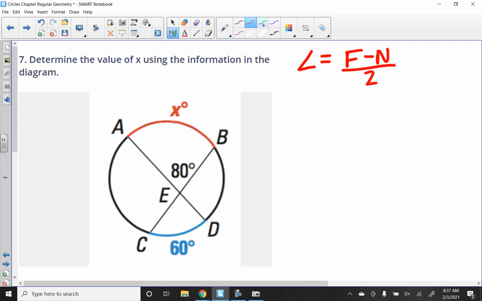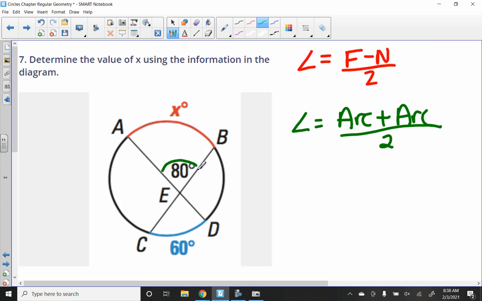Now, if it's an interior intersection like this question, our interior angle is arc plus arc. So we're just adding them. So the difference is the addition and subtraction. So this is your interior angle.